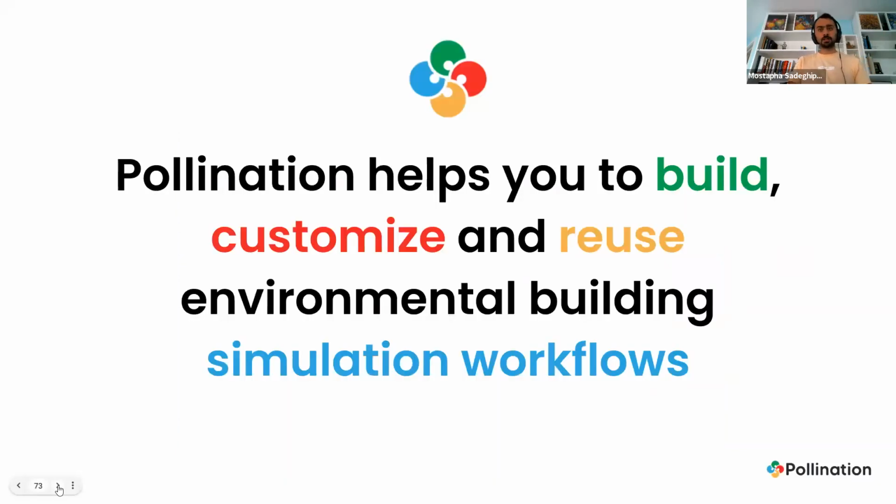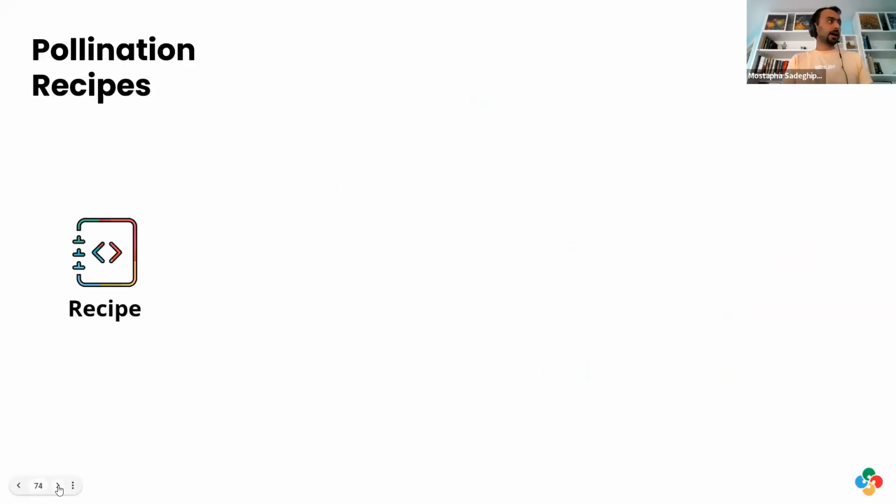But it's more than just building geometry, right? So I talk about geometry, getting all this stuff, running the studies there. They are important, and I think they're a big part of the issue that we have in collaboration. But now that you can build your geometries quickly, you also need to build and customize and reuse environmental building simulation workflow. And what I mean by this is I have lived this life of we have a solution that people say, oh, I want to run daylighting like this.